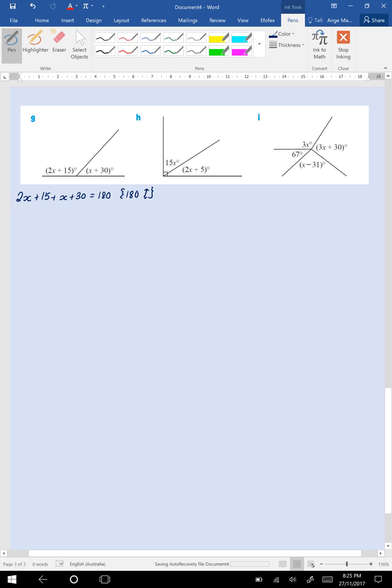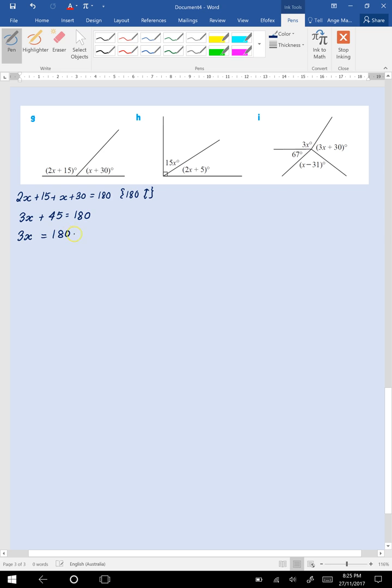So now, a bit of algebra, gather your like terms. 2x plus x, 3x, 15 plus 30 is 45. And now this is pretty similar to a previous question that we've just done. We want to get x by itself. Let's get rid of a plus 45.